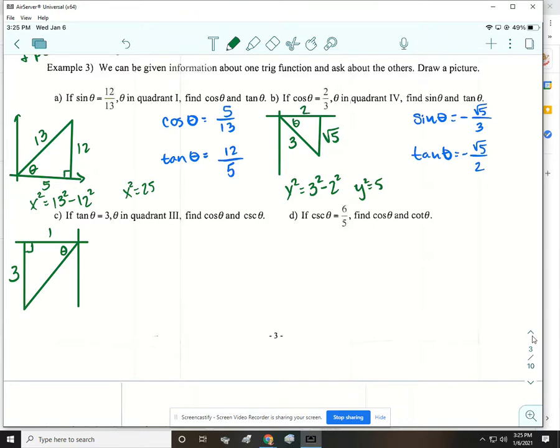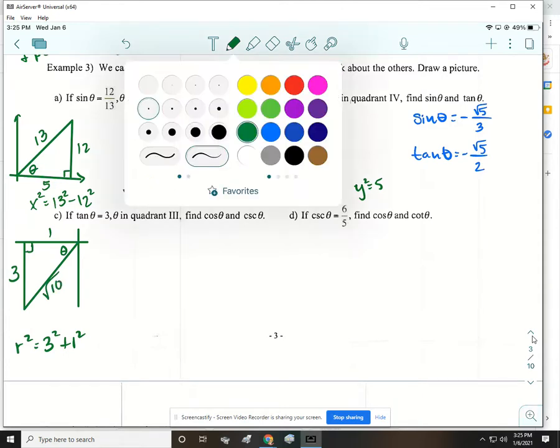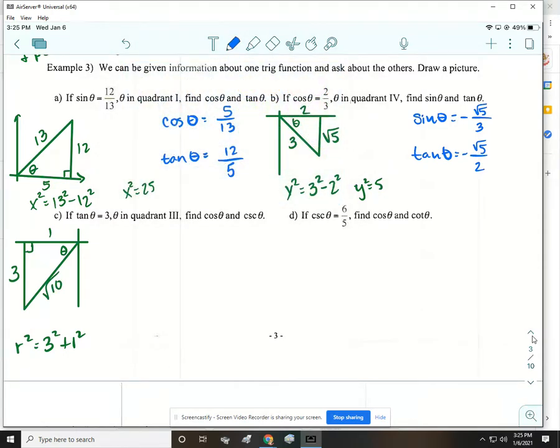All right, this time we are looking for the hypotenuse, so we will add. So r squared is equal to 3 squared plus 1 squared, or r squared is 10, so r is the square root of 10. All right, so we want to find cosine of theta and cosecant of theta. The cosine in quadrant 3 is negative.